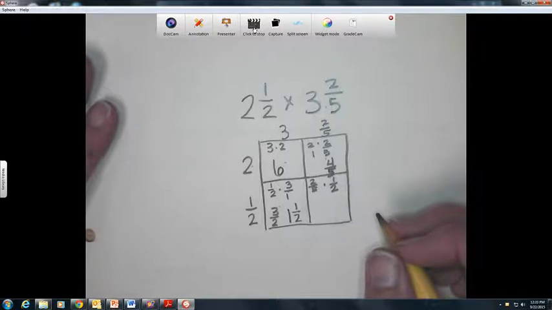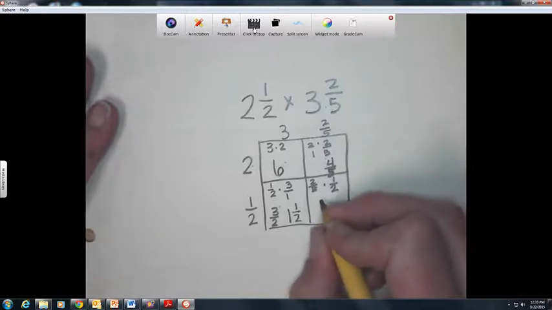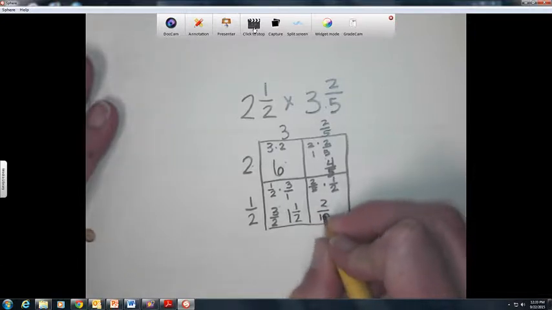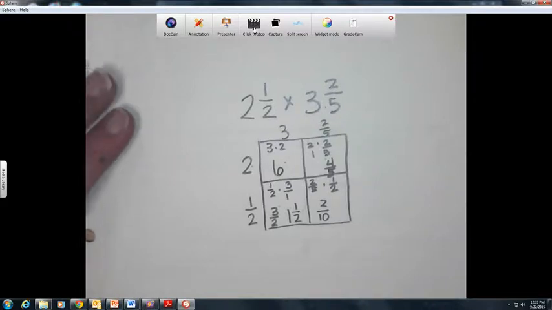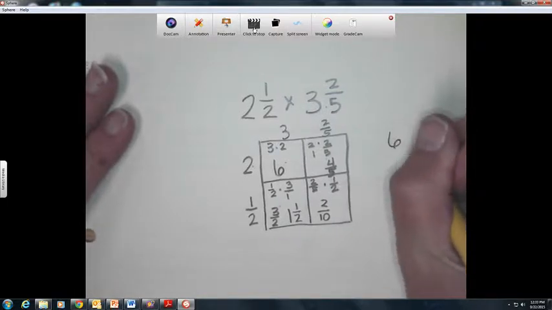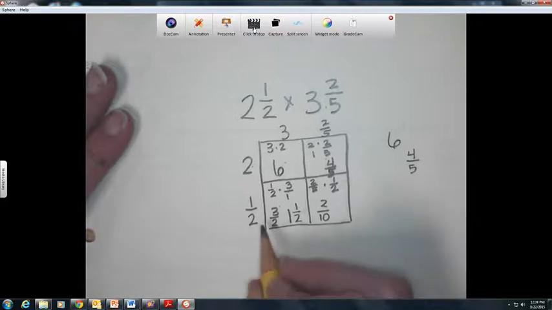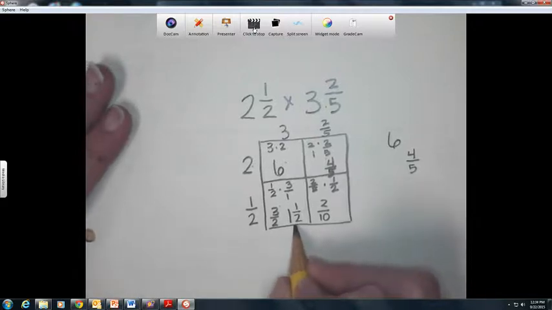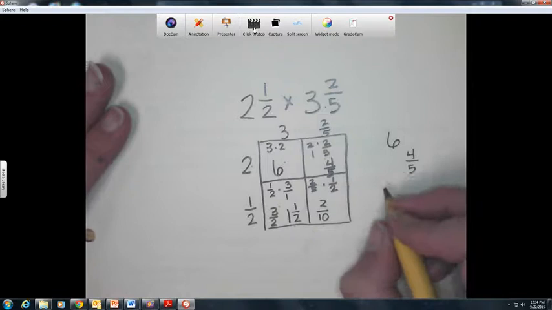Carolina? Karen? 2/10. Yep. Okay? Then the last step that I need to do is put all of this stuff together. So we're going to add it all up. 6 plus 4/5. And I can either add with it the 3/2 or I can add 1 1/2 because they're exactly the same. I'm actually going to add 1 1/2 when I do it.